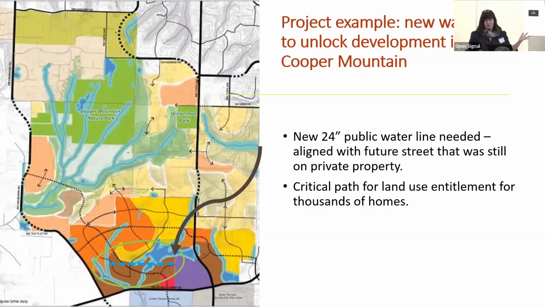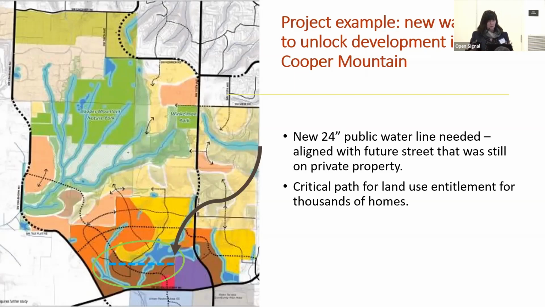This was a major impediment. So we worked out an approach where the city negotiated purchase of an easement to build the water line through the neighboring property. There was a lot of persuasion involved, right? That's the kind of thing you can use eminent domain for, but you don't want to. You want to have a willing seller.